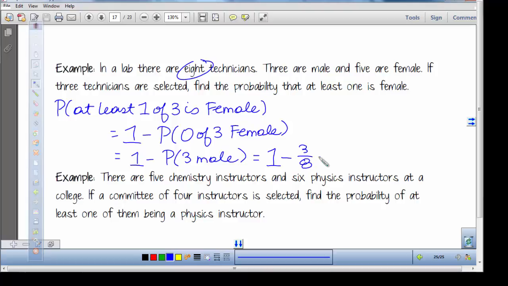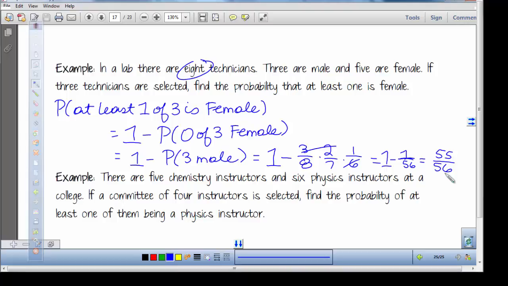The probability that the second is male, given that the first was male, is 2 over 7. And the probability that the third is male, given that the first and second were male, would be 1 over 6. Okay, if we do that, we get 1 minus 1 over 56, or 55 over 56.